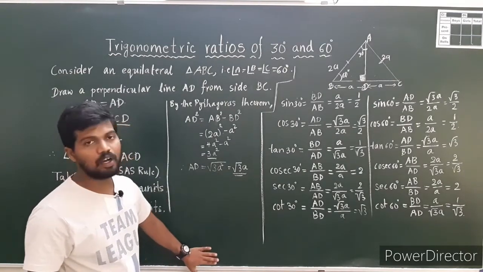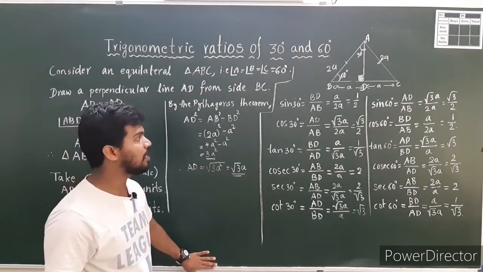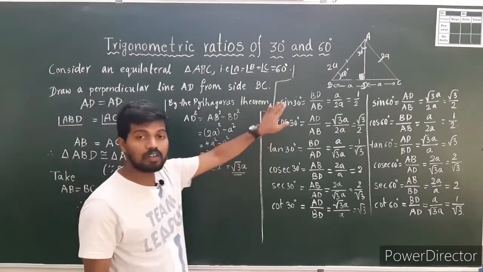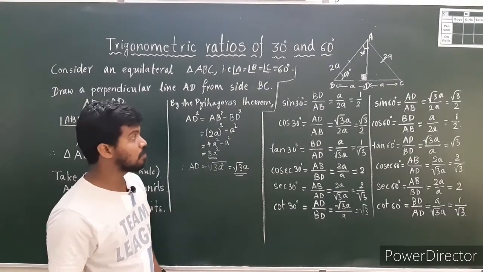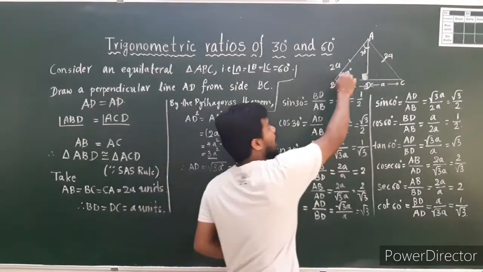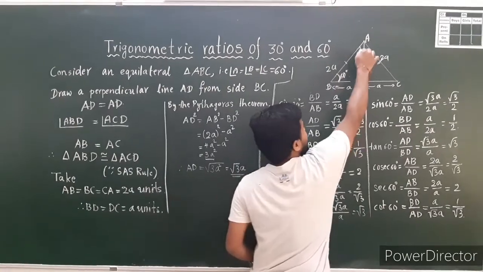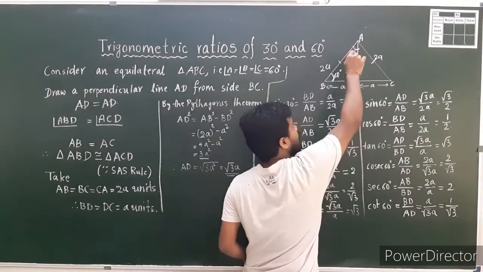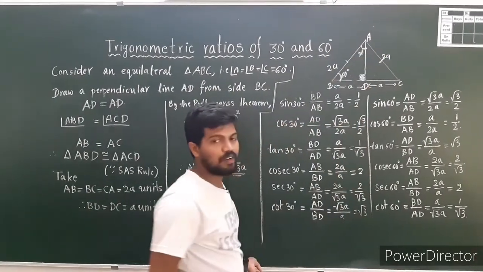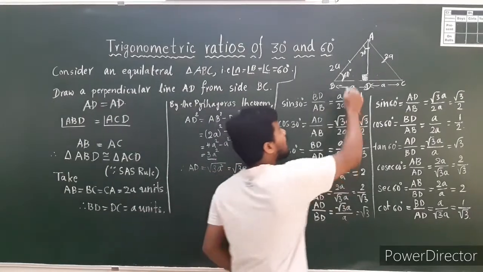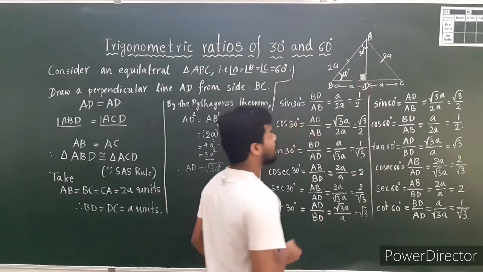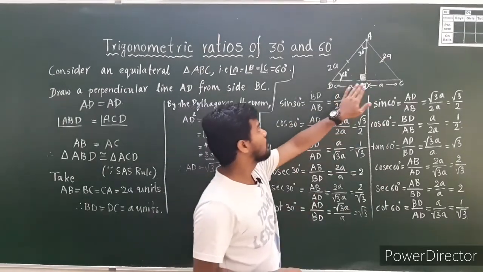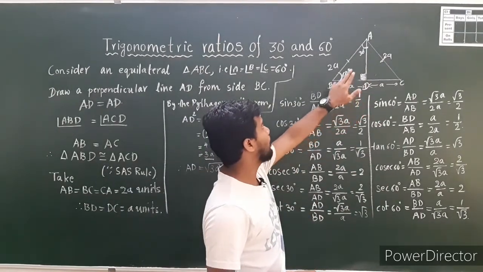So now we have to find out the trigonometric ratios for 30 degree and 60 degree. You see here, this angle is 60 degree and here it is also 60 degree. So when you take the perpendicular that bisects exactly, that is 30 degree and here also 30 degree. So now you consider the triangle ABD only.